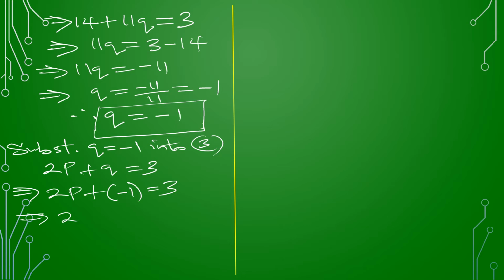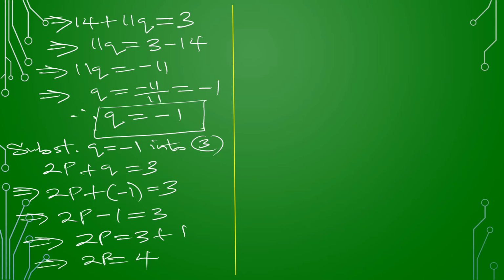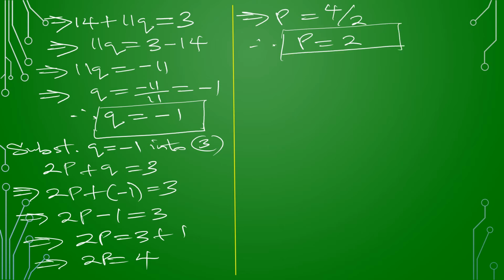This implies 2P minus 1 is equal to 3. This implies 2P is equal to 3 plus 1, and 2P is equal to 4. Dividing both sides by 2, we have that P is equal to 4 divided by 2. Therefore, our P is equal to 2. So we have gotten the value of P as equal to 2.